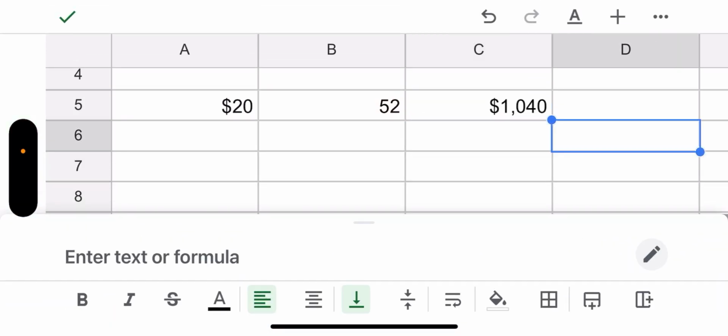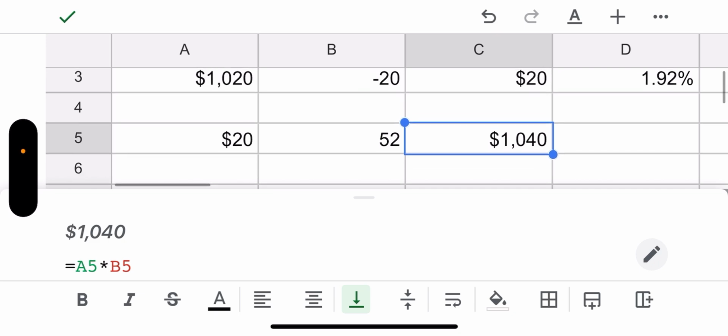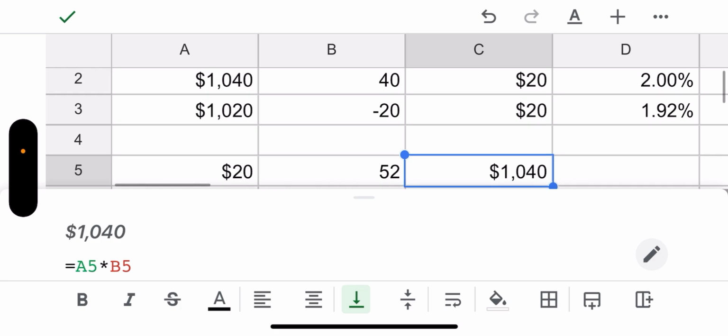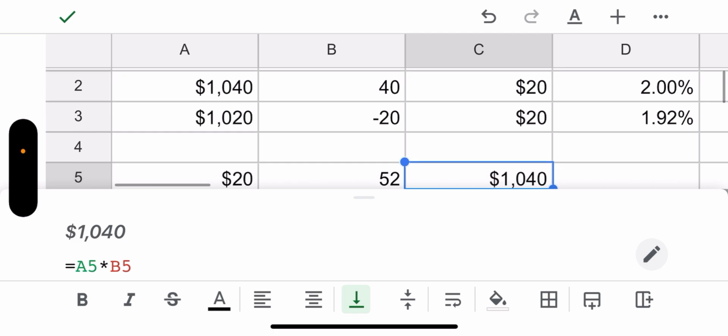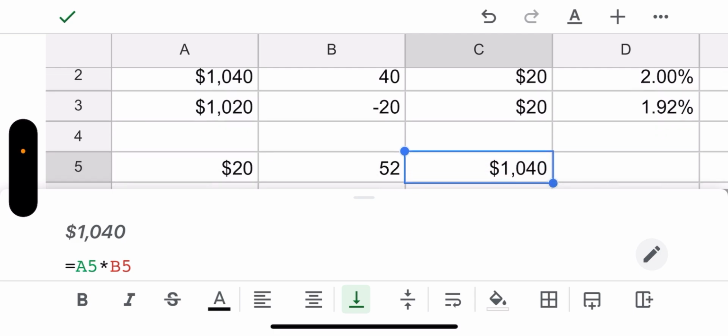Okay, it's $1,040. So this is if we had been able to make 2 trades per week and we were right half the time and wrong half the time, we would have turned that $1,000 into $2,040, or just slightly more than doubled it.